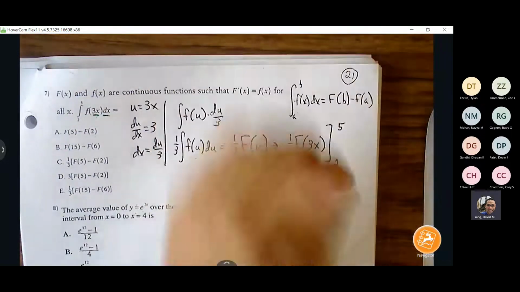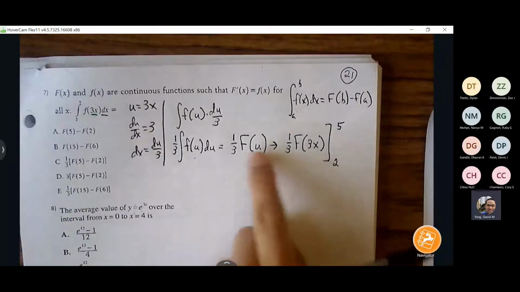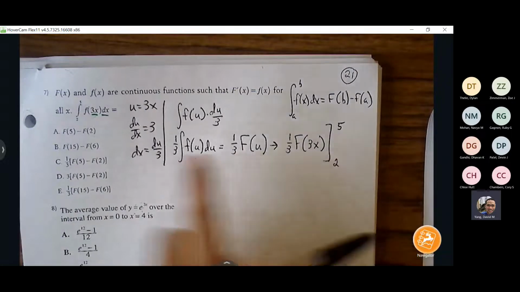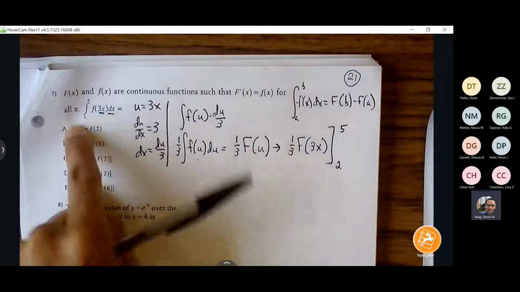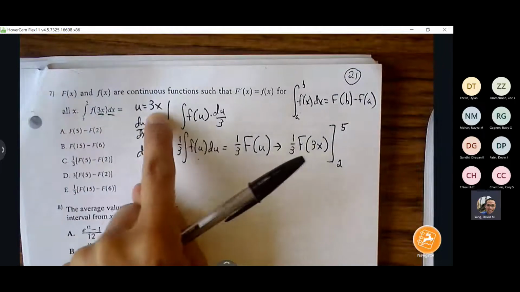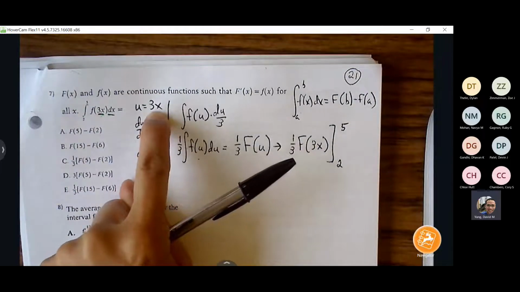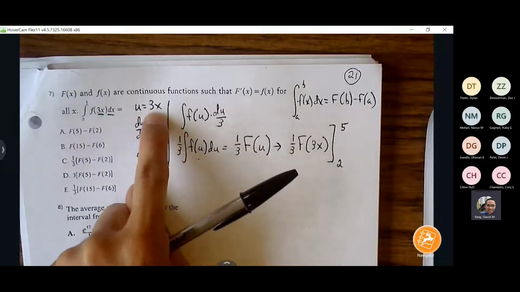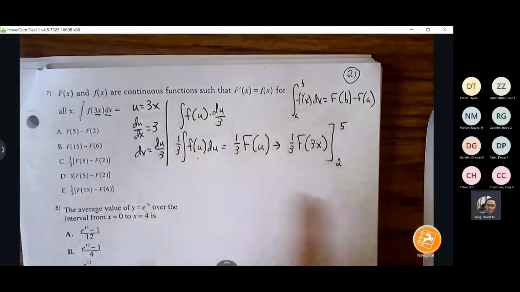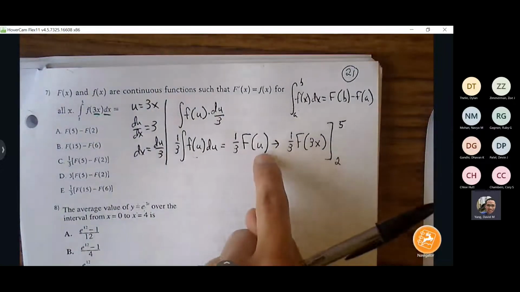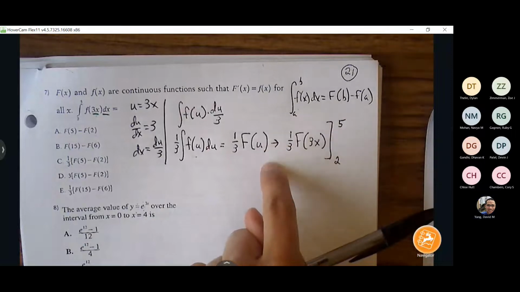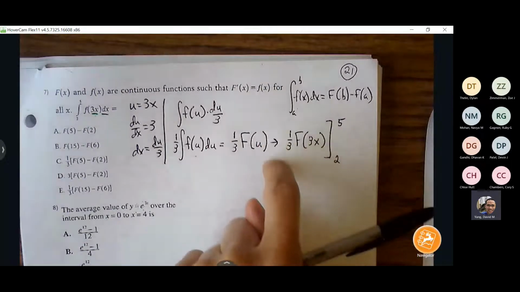Okay, so you have two options. Either you bring your original variable back, or you convert the bounds in terms of u. So you can insert the 2 and the 5 into the x, get the u variable version of those bounds, and then you can stay in u and go from 6 to 15, same thing.